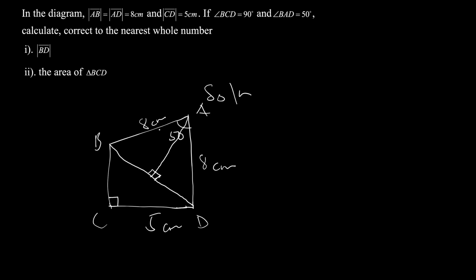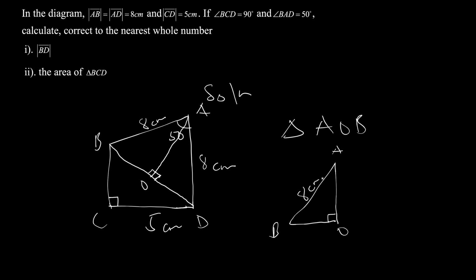If we take one of the triangles, so let's say here's O, triangle AOB, which is this, we have our A, our O, and our B, and we have our 8 centimeters. We don't know the length of BO, so let's say this is X. So this BO from here to here is X.